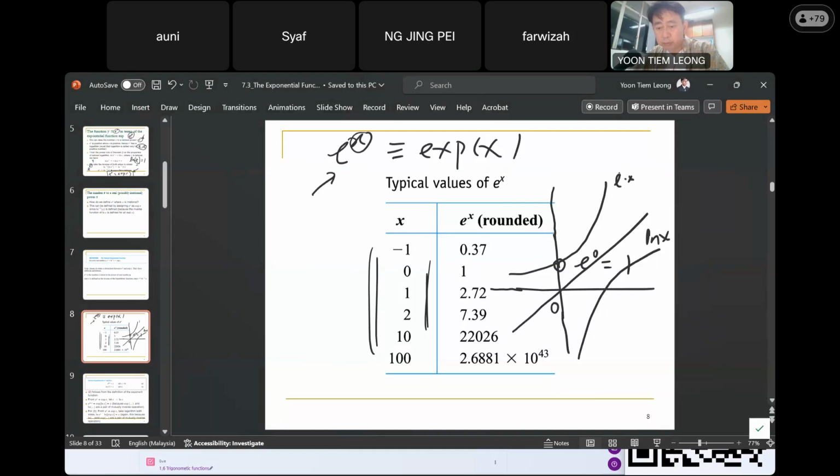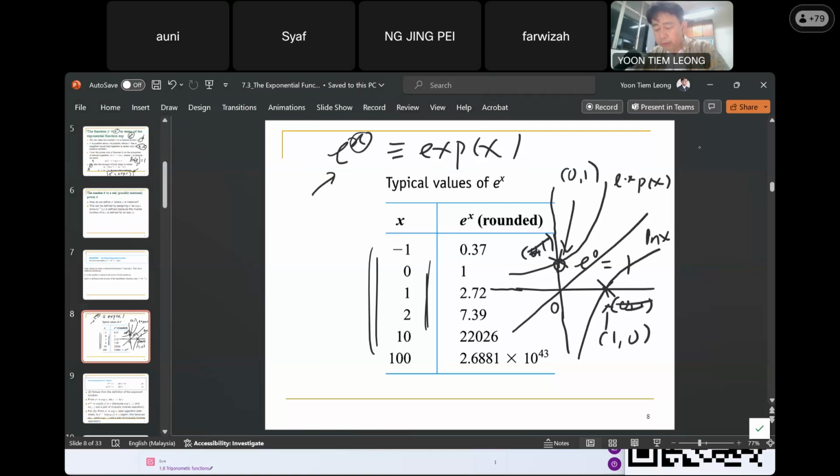This is the exponential of x. So this point is 0, 1, and when you make the reflection, this point will be reflected into here, which is 1, 0.